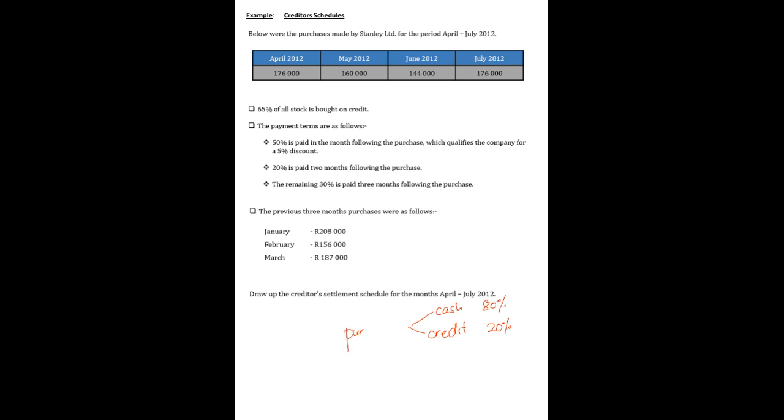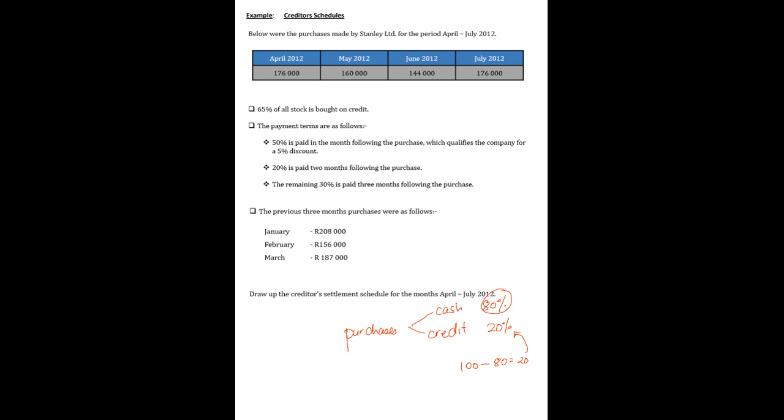So again, they will specifically say to you that this percentage is in cash. And if they tell you this is in cash, then automatically the difference between 100 minus the 80 that is in cash tells us that the 20 is on credit, or they will specifically say to you that this is the percentage on credit.